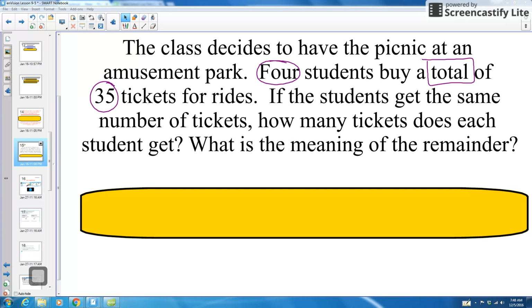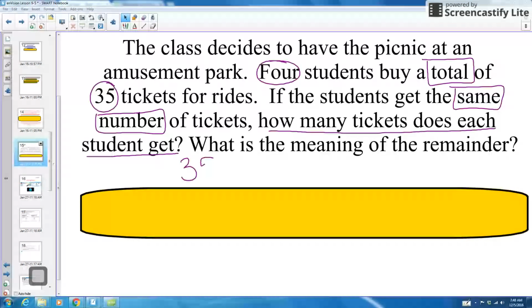If the students get the same number of tickets, how many tickets does each student get? So my division sentence is going to be 35 divided by 4. And we don't know how many tickets yet, so we're just going to set it equal to t.